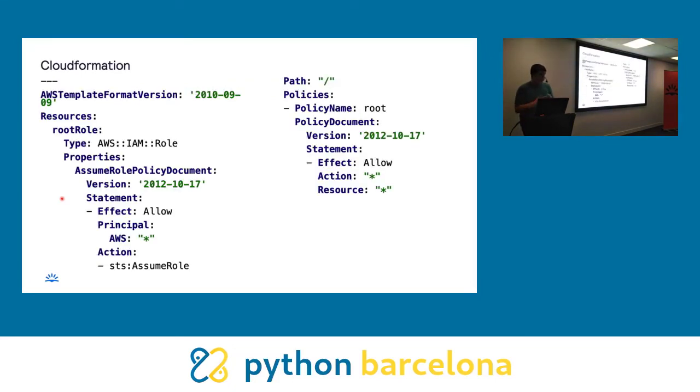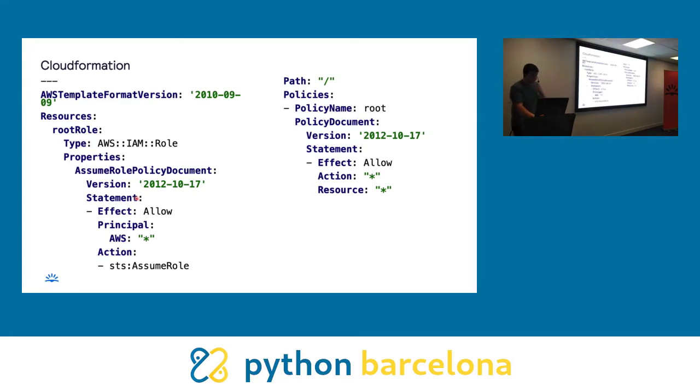If you have worked with AWS, you may know that CloudFormation files are the files you use to define cloud resources in AWS. For example, you can say, I want an EC2 instance, a computer there, with those properties.